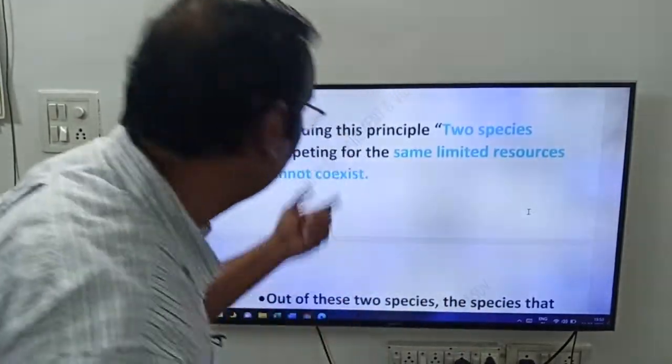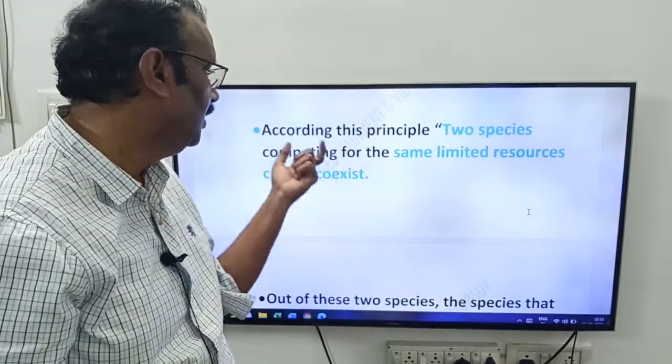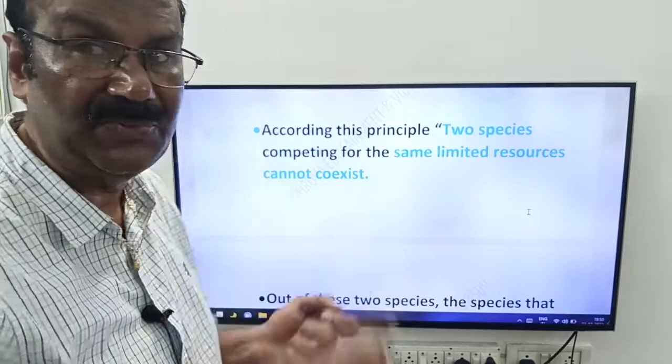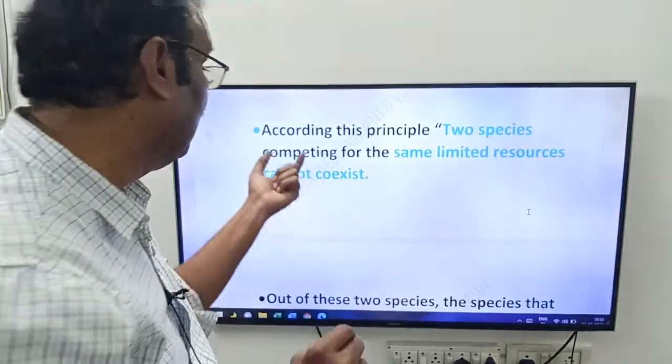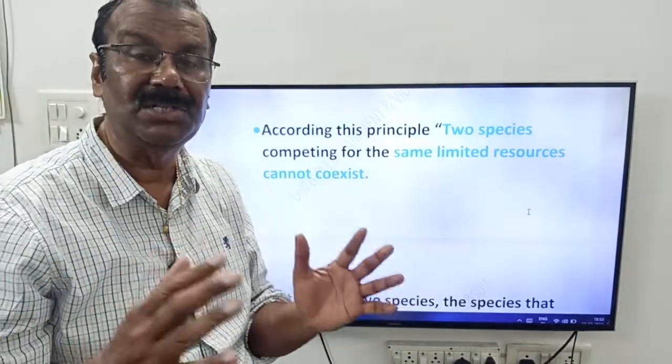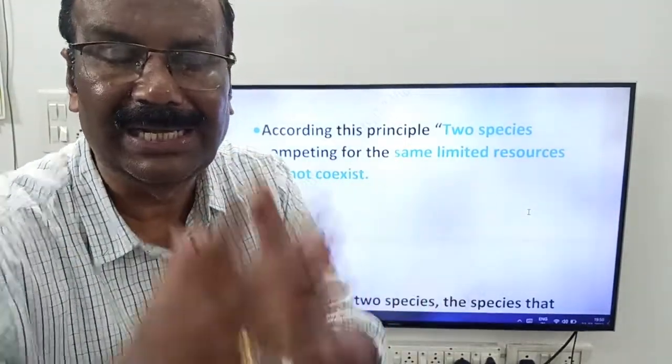Once again, according to this principle, two species competing for the same limited resources cannot coexist. Cannot coexist means they can't live together.